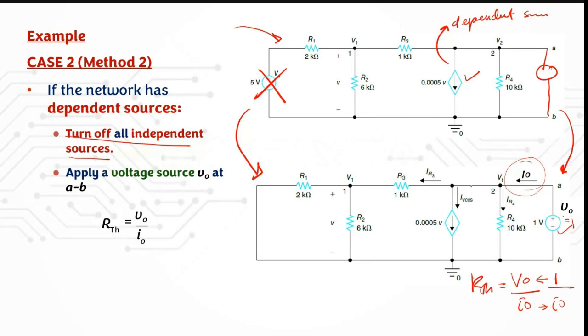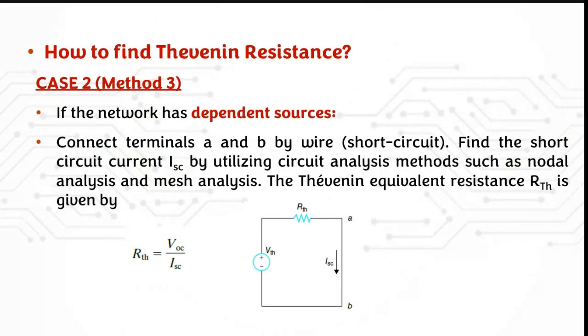Okay, so we have another method, method 3. If you have a network with dependent sources, you need to connect the terminals A and B by a short circuit.